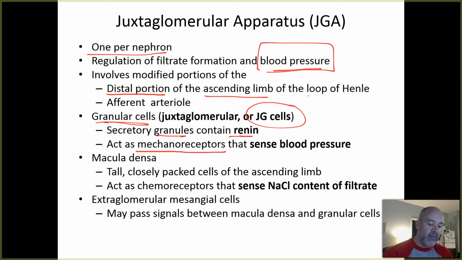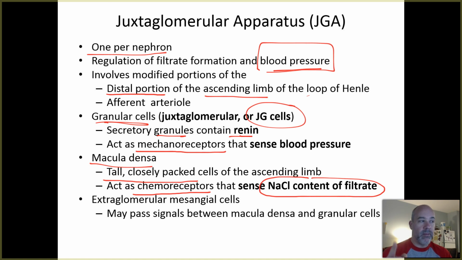The macula densa cells we were taking a look at on the diagram are tall cells, closely packed together, as they appear on the diagram from the textbook. They act as chemoreceptors. What they're going to do is sense the sodium chloride content of the filtrate.